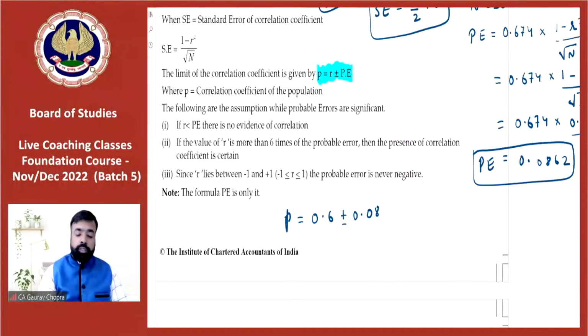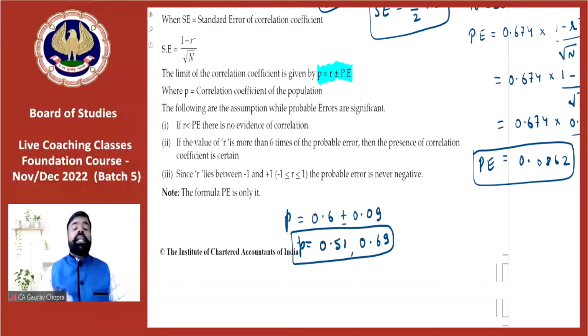We can take roughly 2 digits, or round off to 0.09. So 0.6, once we have to subtract, and second time we have to add. After subtracting, we get 0.51, and after adding, we get 0.69. So these are the limits of the correlation coefficient. That means our exact correlation coefficient will lie between these two figures.